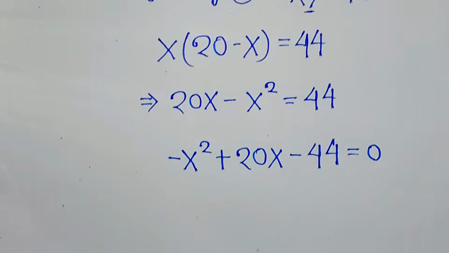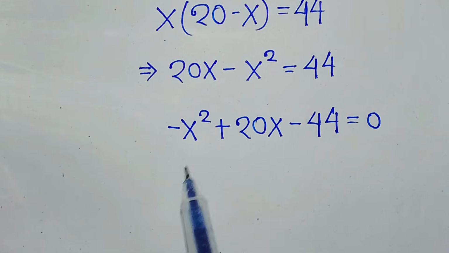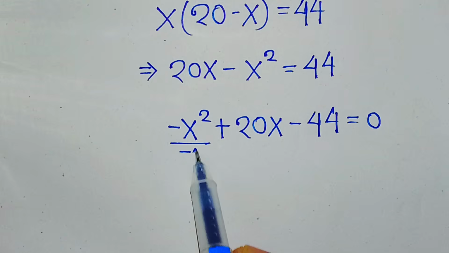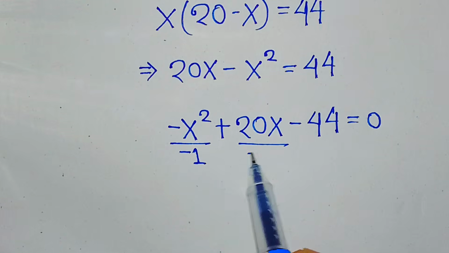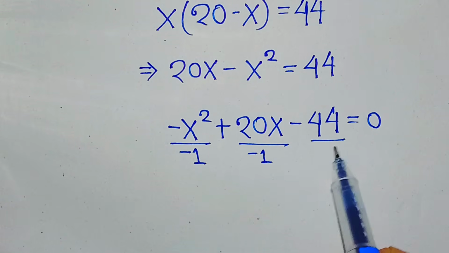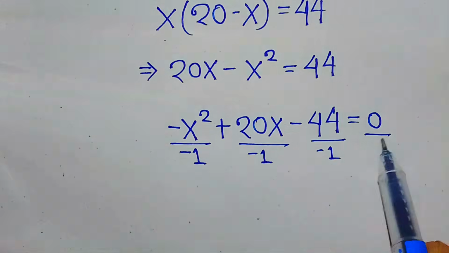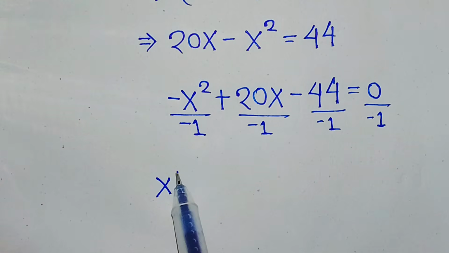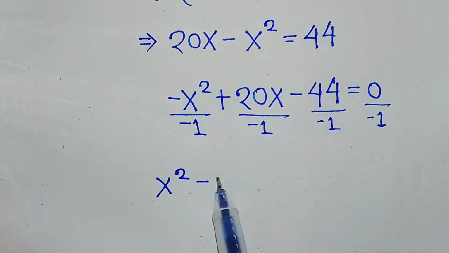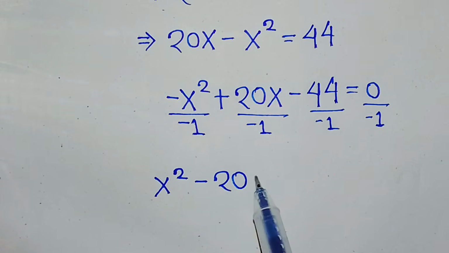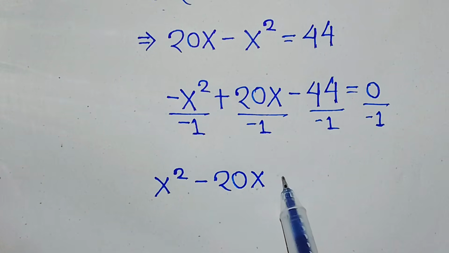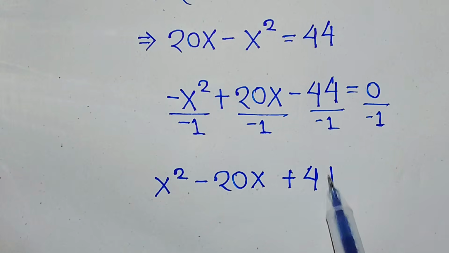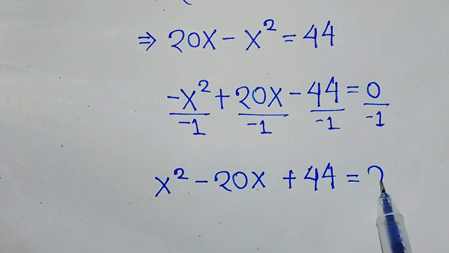Now we divide both sides by minus 1: minus x square divided by minus 1, 20x divided by minus 1, like this. After dividing by minus 1 we'll get x square minus 20x plus 44 is equal to 0.